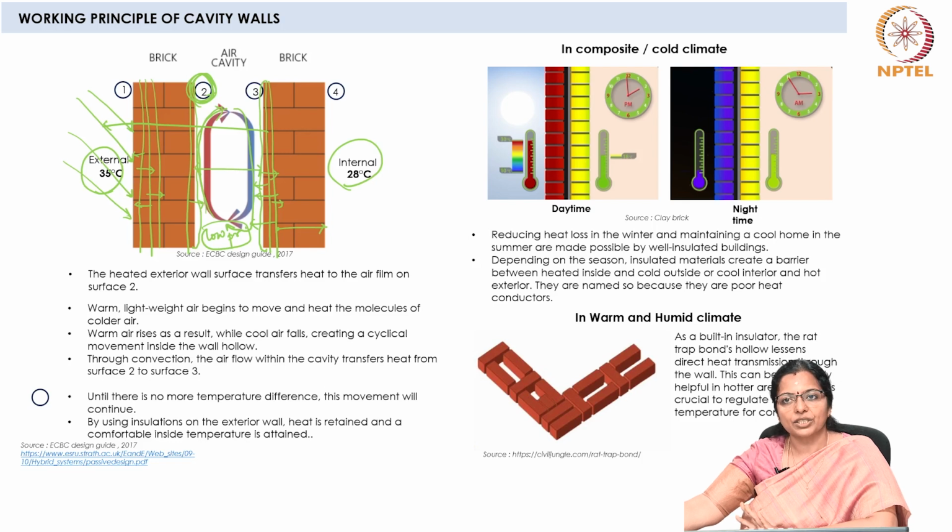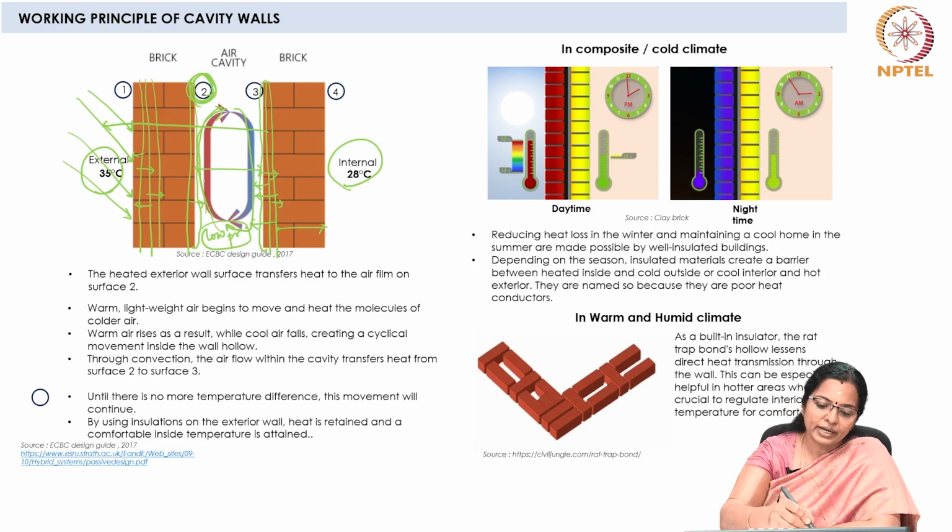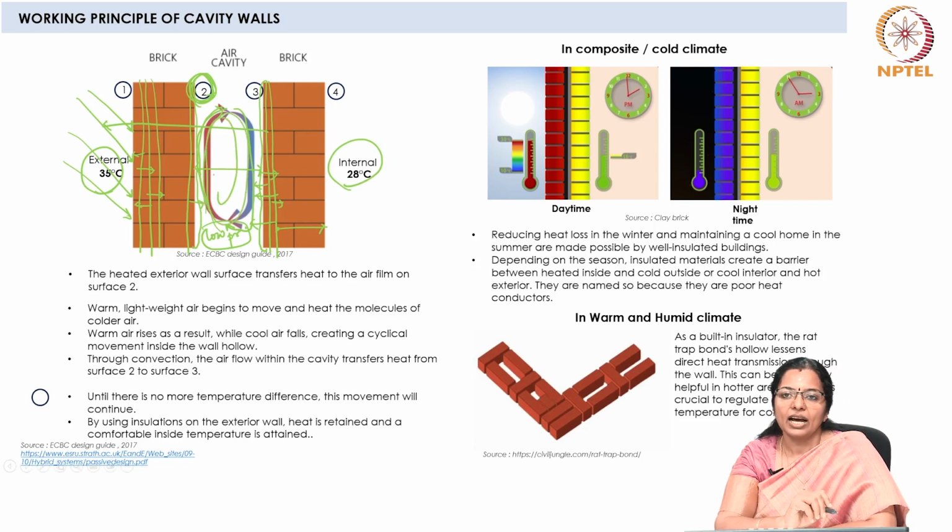This can be especially helpful in very warm areas where it is critical to regulate indoor temperature in order to enhance comfort. Until there is no more temperature difference, this movement of air will keep on happening, and by using insulation on the exterior wall, heat is retained and it becomes comfortable inside.